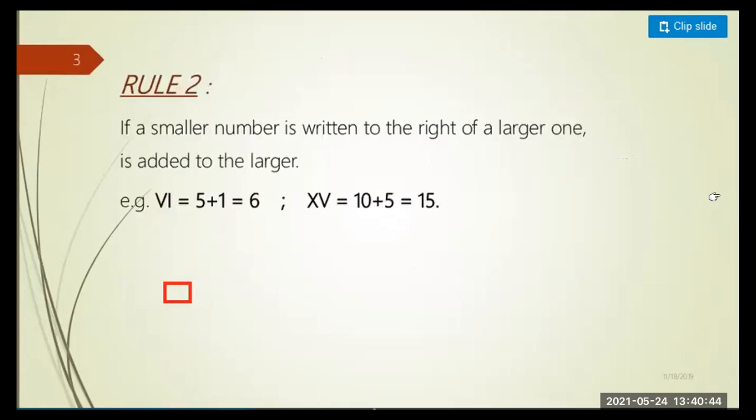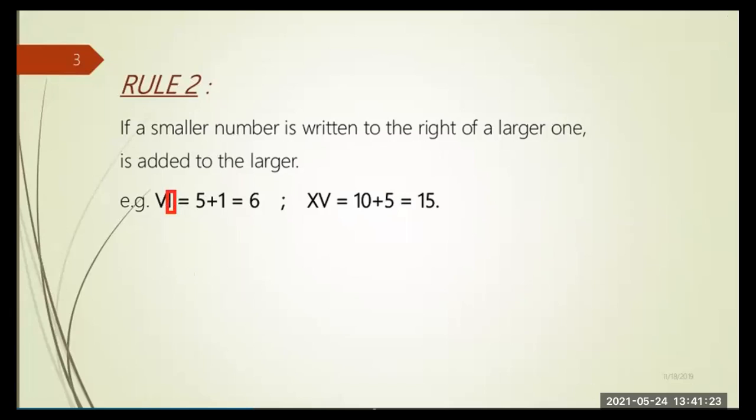In the next slide, we get rule number 2. Okay. In rule 2, what is there? Once we read: if a smaller number is written to the right of a larger one, it is added to the larger. Means what? Again we read, if a smaller number is written to the right of a larger one, it is added to the larger. If any smaller number, let me show you by selecting. We know that I is smaller, I means 1.